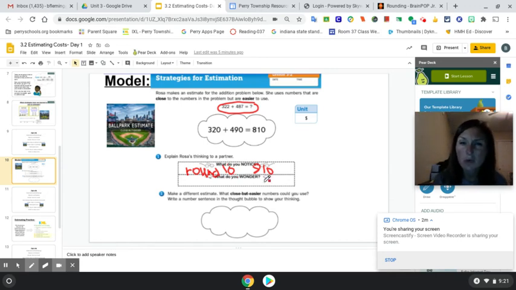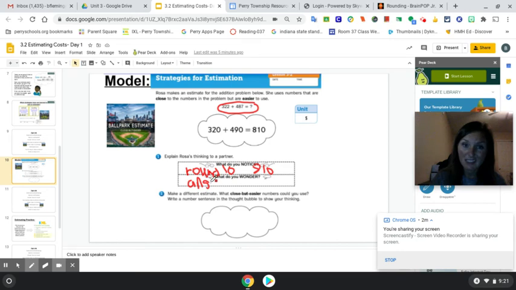Now, where it says, what do you wonder? These are things that I'm asking, well, if she already rounded them to the nearest 10, what's another way that I could try to estimate? So here I might be thinking, if you actually add these numbers, what's the answer? So what is the actual answer? Is it close to that 810?